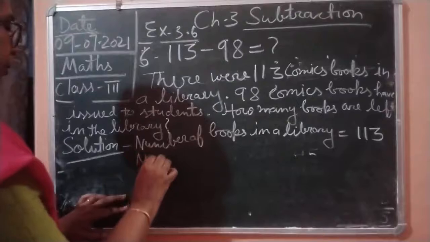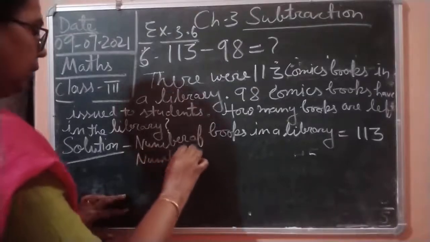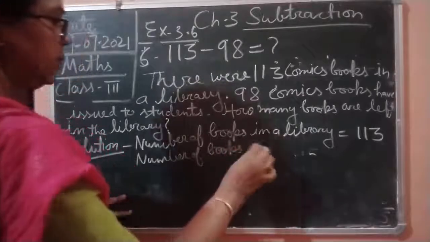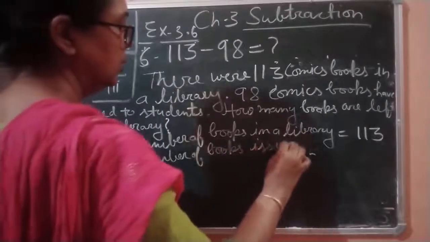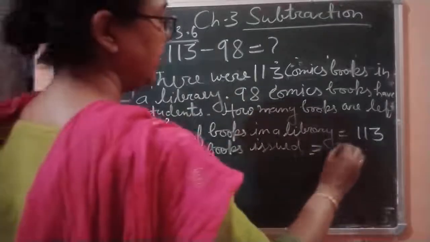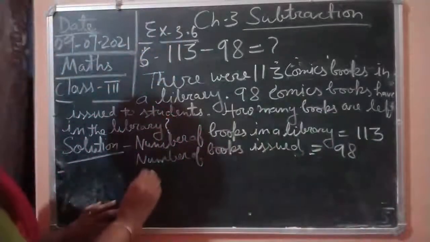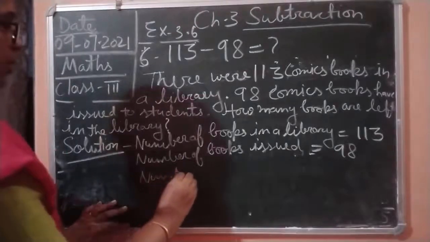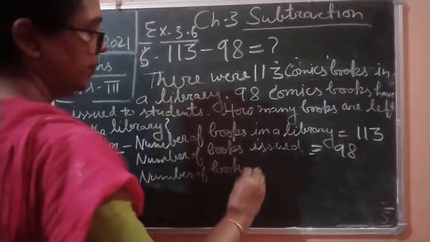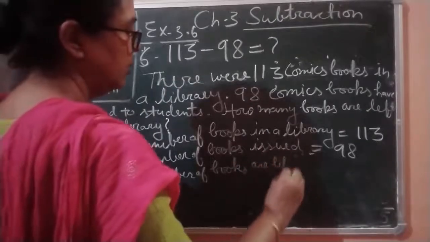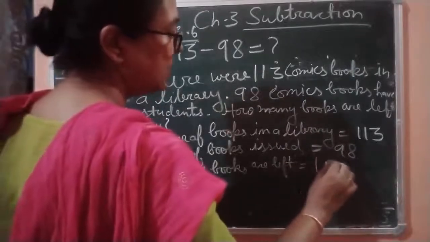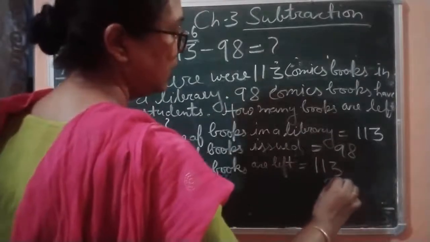Okay, number of books issued equal to 98. Okay, so number of books left, कितनी बच गई? So what we will do, we will minus 98 from 113.